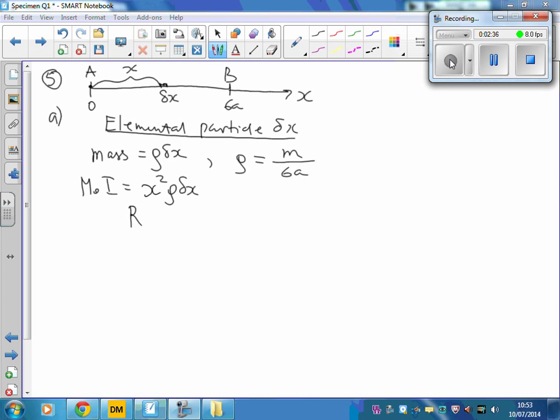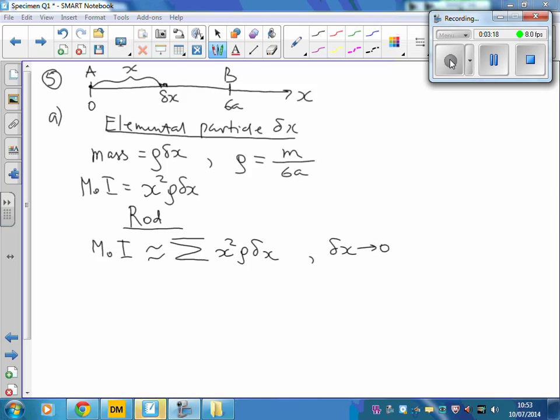Now, consider the whole rod. The moment of inertia for the whole rod will approximately be the sum of the moments of inertia of these elemental particles, when the summation goes from end A to end B. Now, let's see what's going to happen when the length of this elemental particle is going to be really, really small.